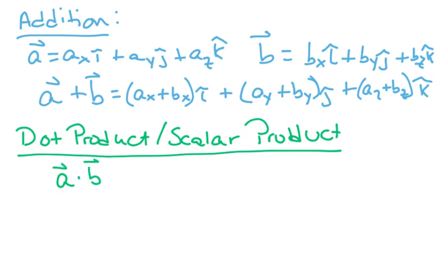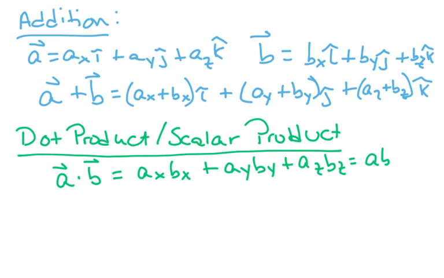Again, we won't really be doing much of this in here. But for a dot product, you would multiply them. And knowing your identities, if you multiply those, you actually come out with this AB cosine theta.